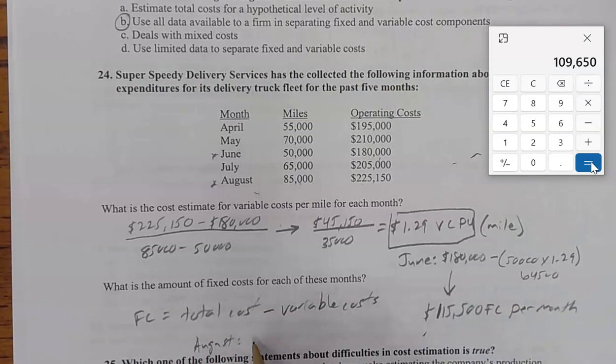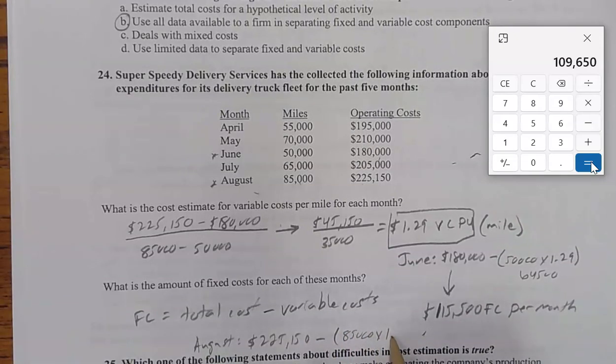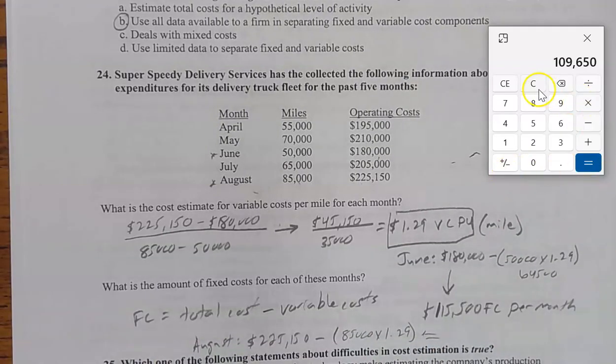All right, so 225,150 minus 85,000 times 1.29. Okay, so let's just do that. 225,150, that's our total cost for the month of August, minus, oh heck, I got it off of the deal there. Let's start over. Should have written that down.